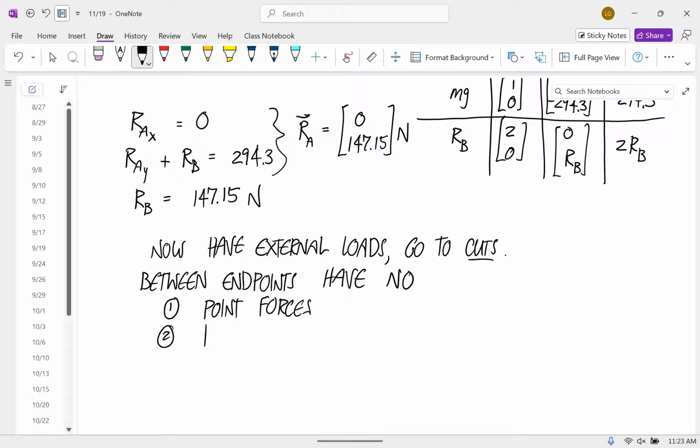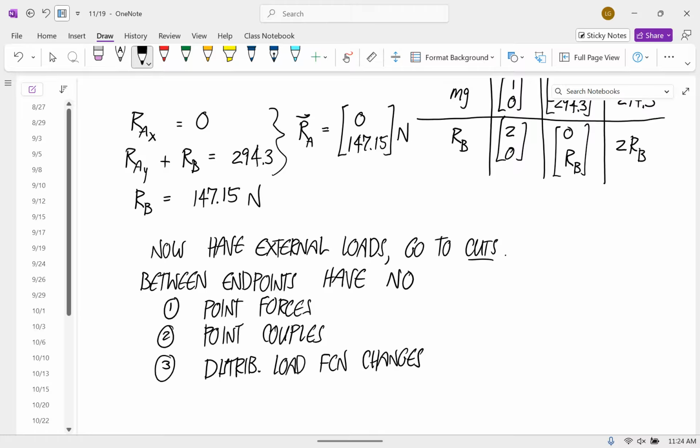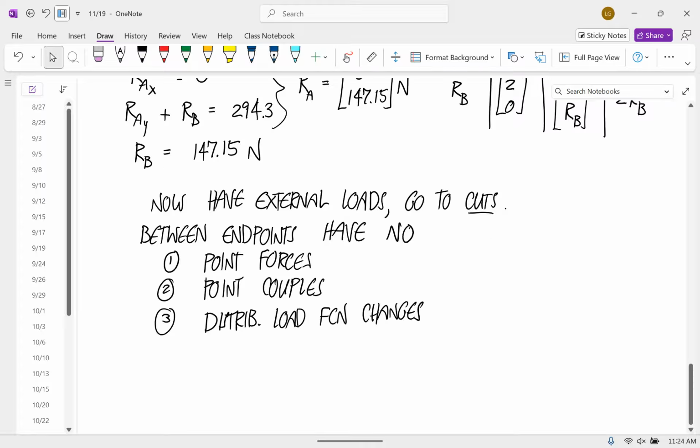No point couples. And no distributed load function changes. So that means that a single cut is going to work for all of this. We never have to switch cuts.